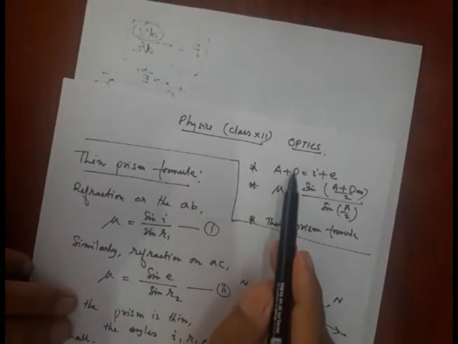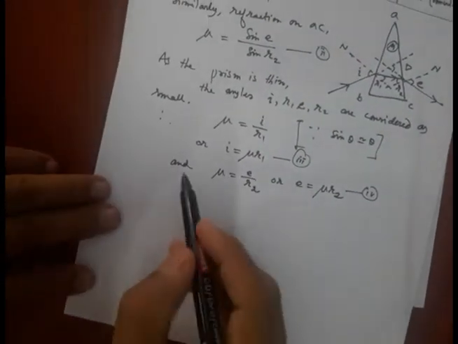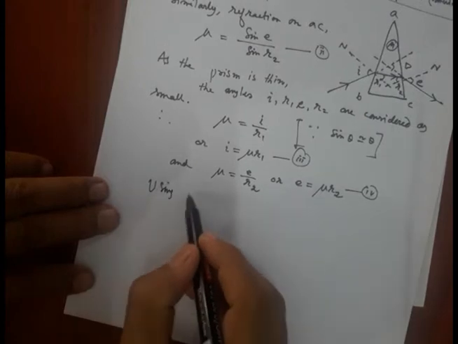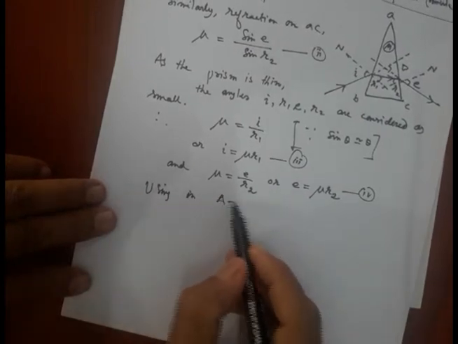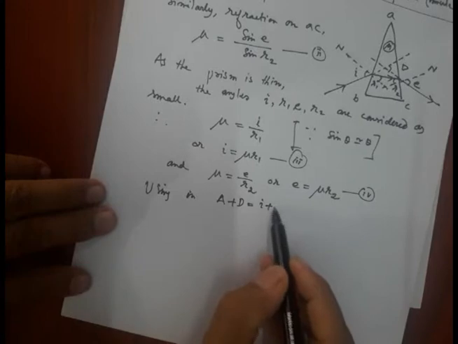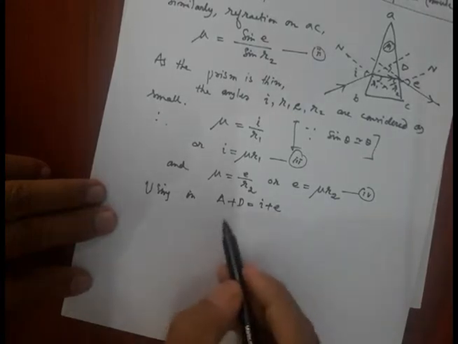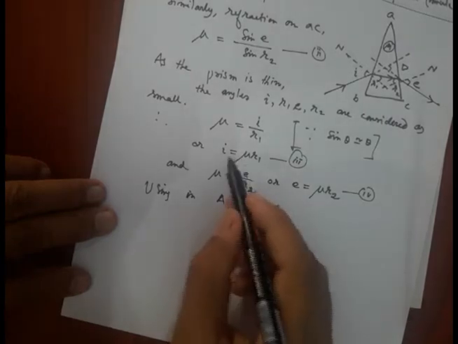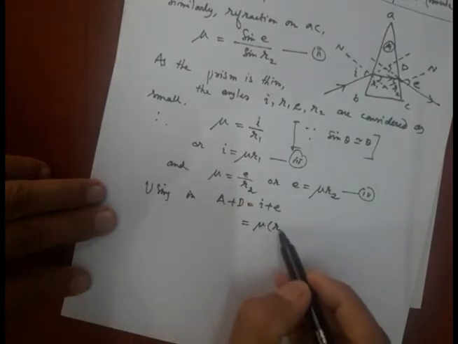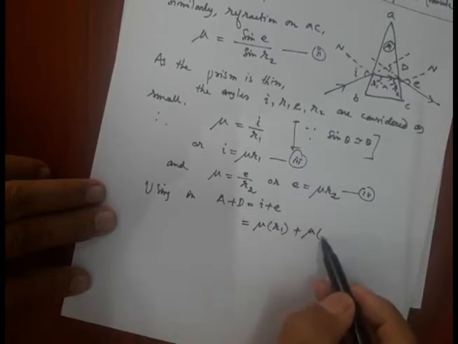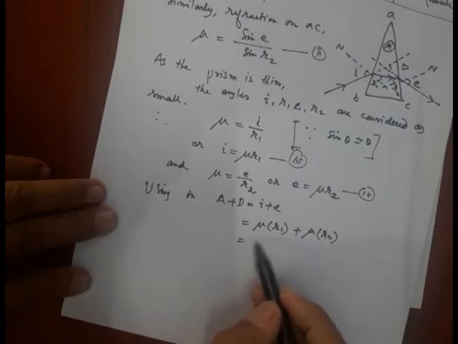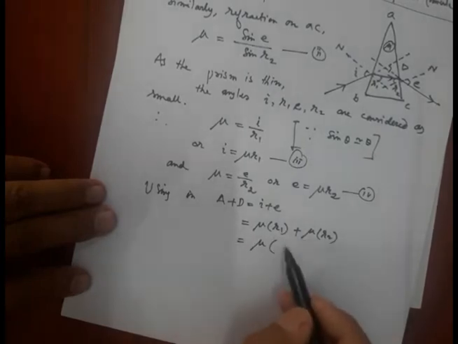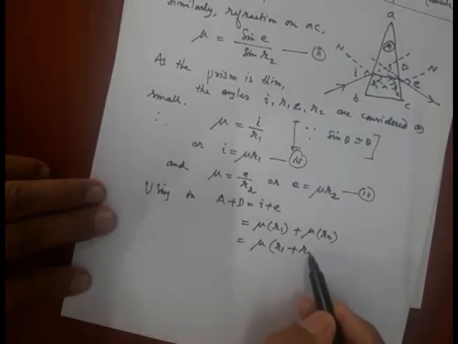This equation that we have derived before, A plus D is equal to I plus E. So using it in the equation A plus D is equal to I plus E, I can be replaced by mu R1 plus E can be replaced by mu R2. So this will give you mu common to both of them, so you can write mu times R1 plus R2.